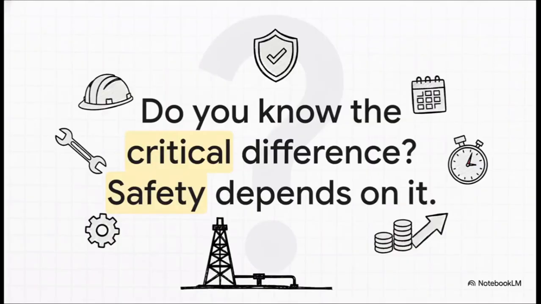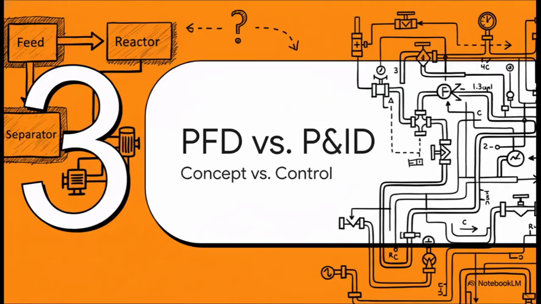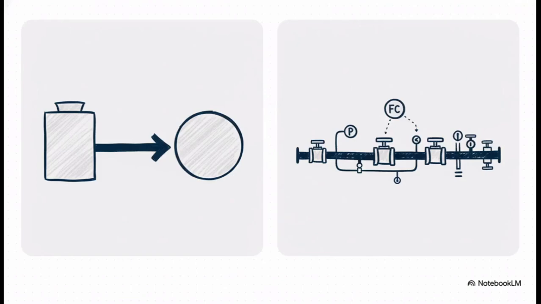So, do you know the critical difference between all of them? Because when you are on the job, your project budget and your team safety absolutely depend on these drawings. So first, let's start with the difference between the PFD and the P&ID. The simplest way to remember it is concept versus control.